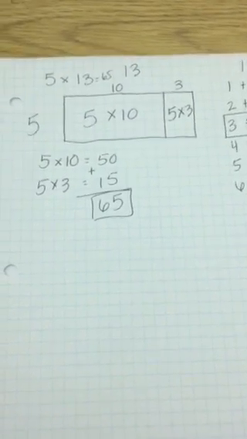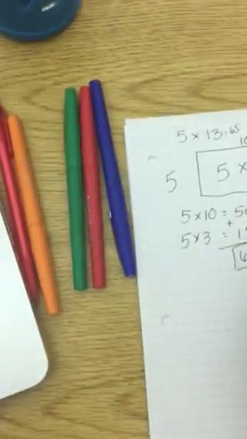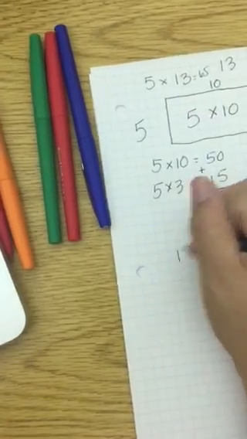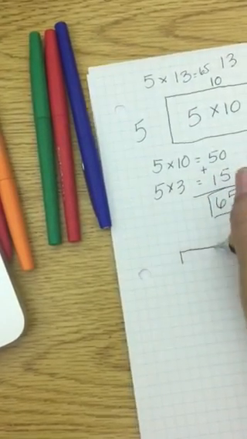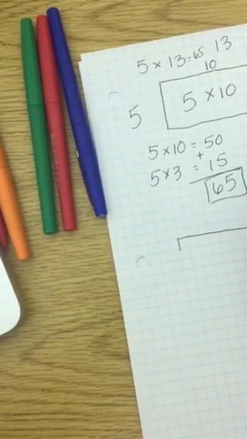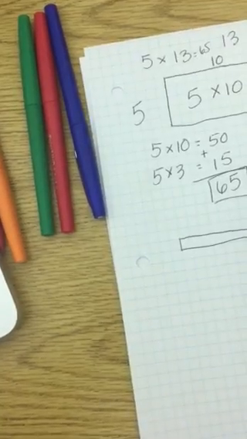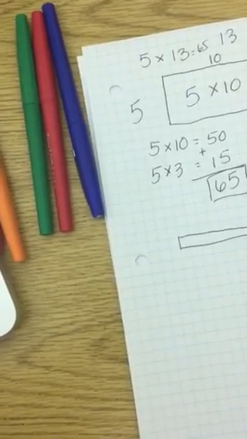Another way that students learned today was they drew a picture. So they would draw tens. So for example, 1, 2, 3, 4, 5, 6, 10. And then 3, 1, 2, 3.